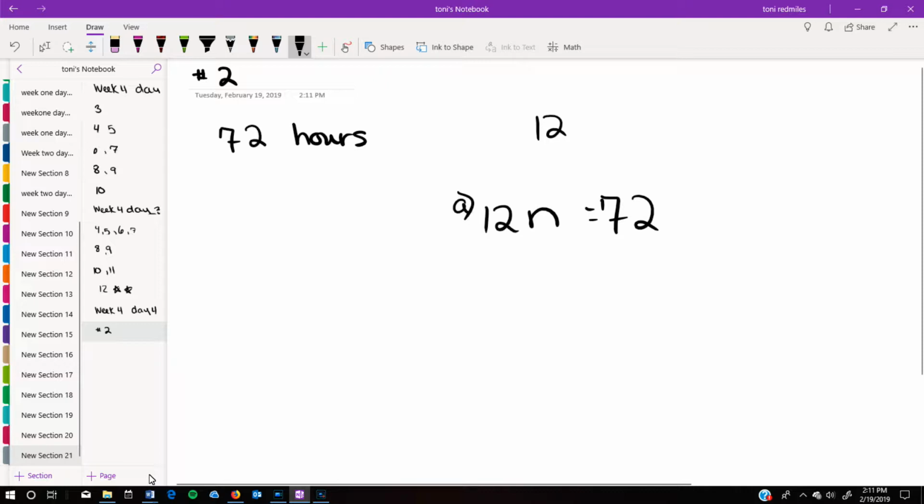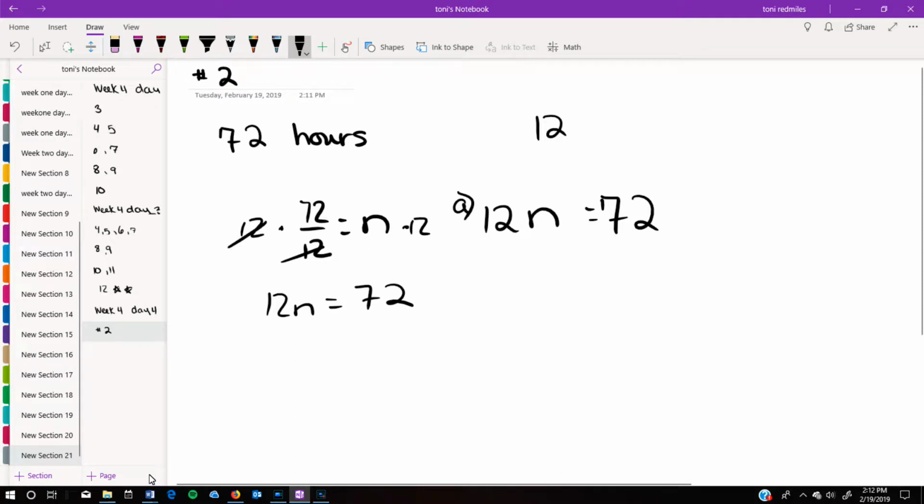Some of you might have gotten stuck trying to say 72 over 12 equals n. If you do that, think to yourself, well, I know 72 is my total, so let's undo this. If 12 is dividing the 72, let me multiply it to each side, and then you have a true algebraic equation, because these will cancel out and it'll be 12 times n.